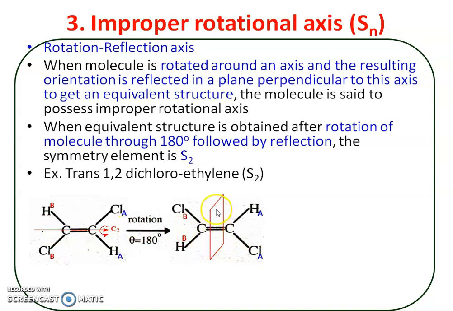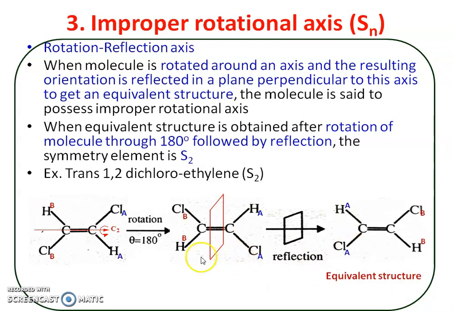Now along this plane, when the molecule is reflected, this hydrogen A will go to the left side, and chlorine B will come to the right side. Similarly, there is an exchange between hydrogen B and chlorine A, and after reflection we get this type of structure. Initially chlorine A was on the right side, now it came to the left side.